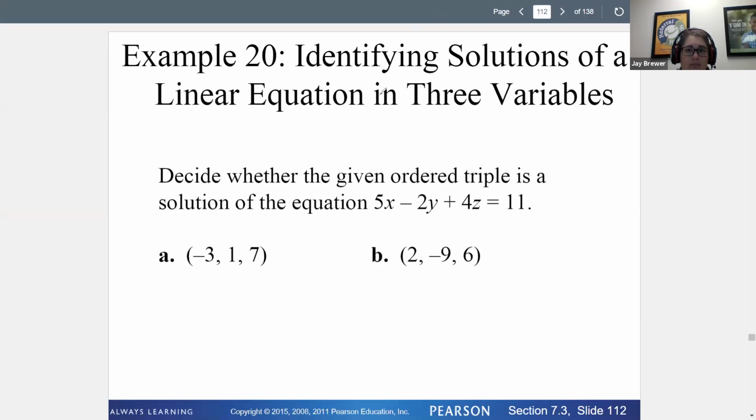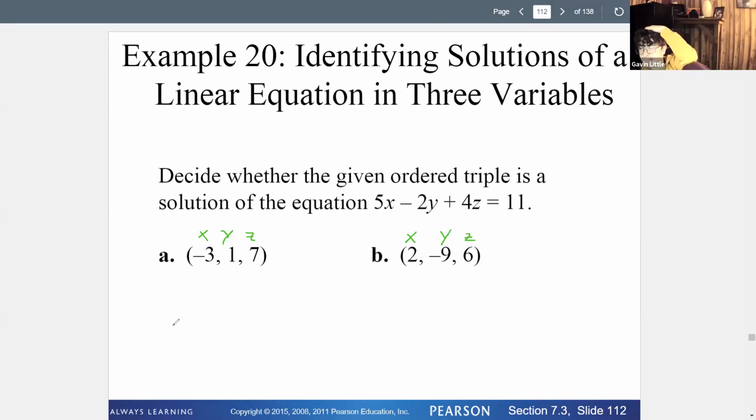Or any of them, to be honest. What can we do? I'll give you a little hint. Typically, it goes in alphabetical order. So this is X, this is Y, and this is Z. Which means this will also be X, Y, and Z. Does that help?